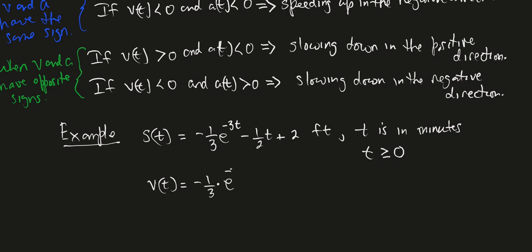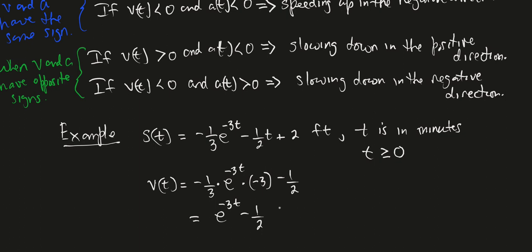We're going to have the e to the negative 3t, and then we have to multiply by negative 3, and then minus 1/2, and then our constant goes away. So let's simplify this. Our instantaneous velocity function is a positive 1 e to the negative 3t, so e to the negative 3t minus 1/2.